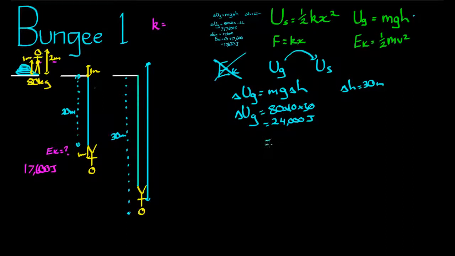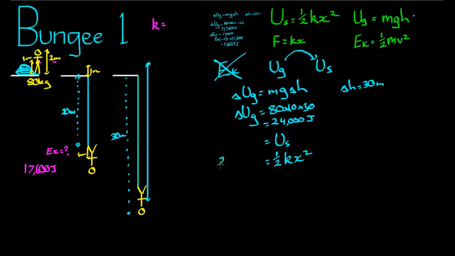That must be, if we are claiming that all the gravitational energy has turned into spring potential, also equal to the spring potential in the bungee at that point there. The cord has absorbed all the gravitational potential energy that's been lost. Us, or spring potential energy, is equal to a half k x squared.